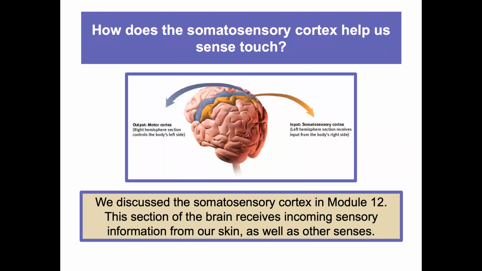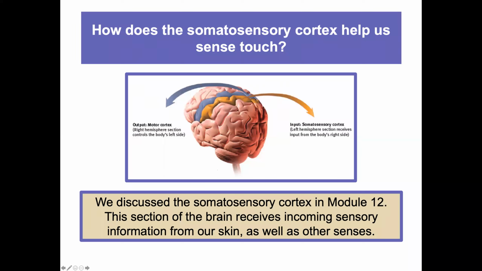So how does the somatosensory cortex help us with the sense of touch? You remember from Unit 3, the biological basis of behavior, we talked a little bit about the somatosensory cortex. You can see where it is right there, and it was, as it says on this slide, module 12.